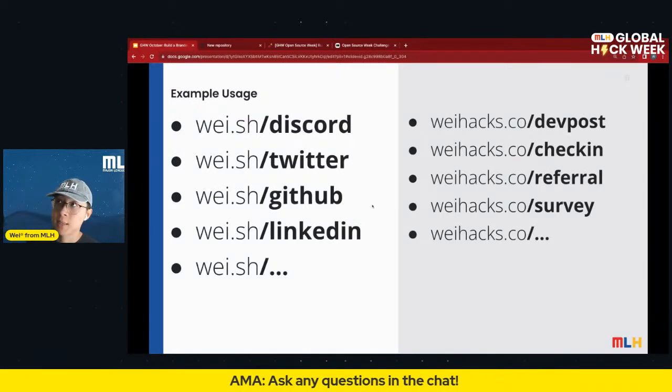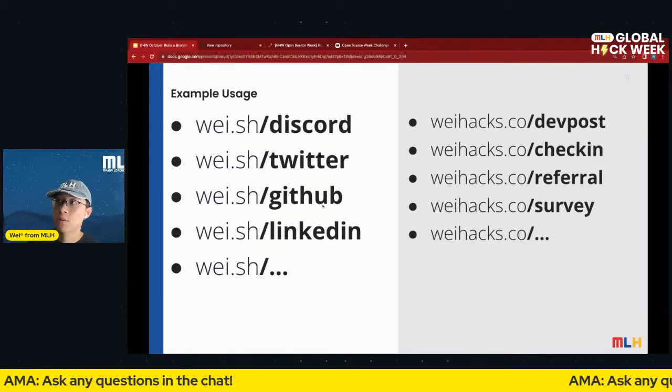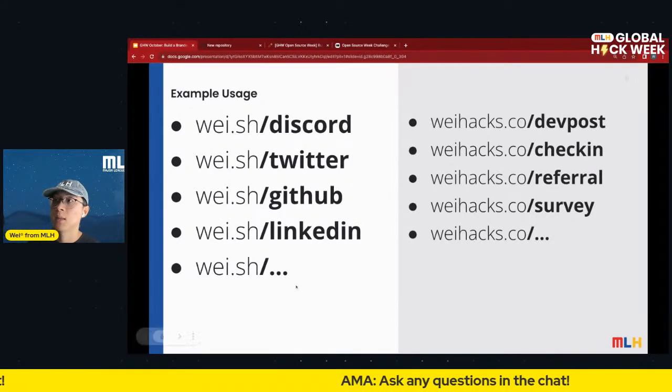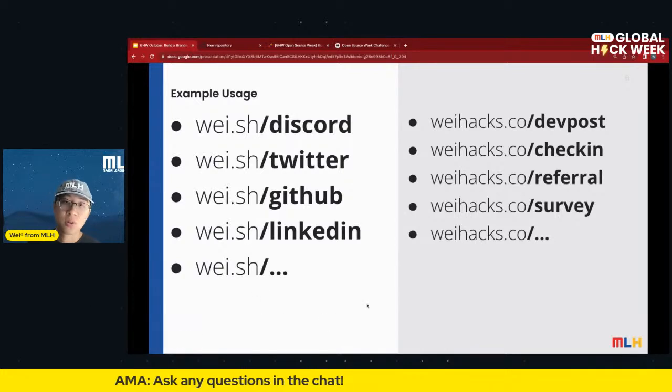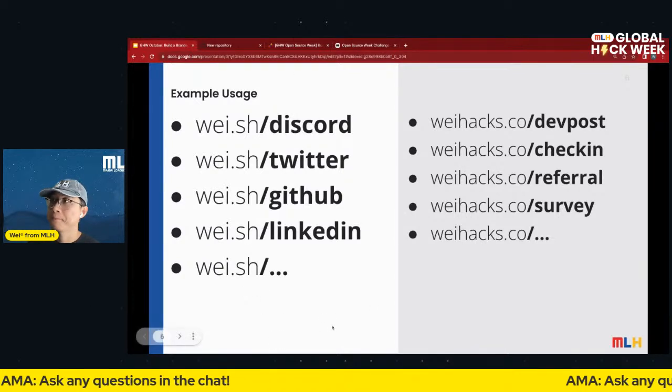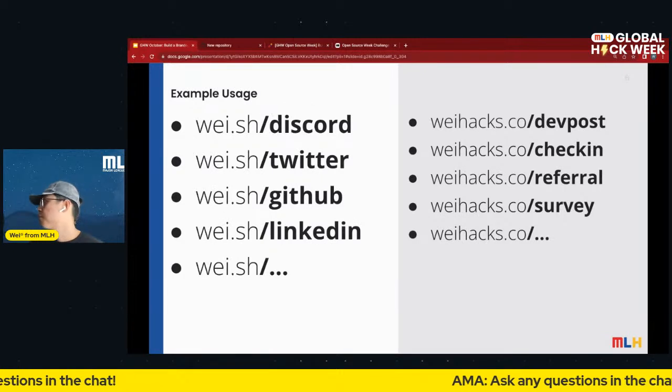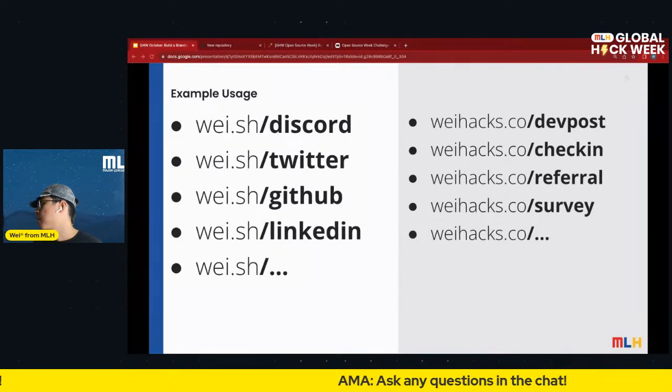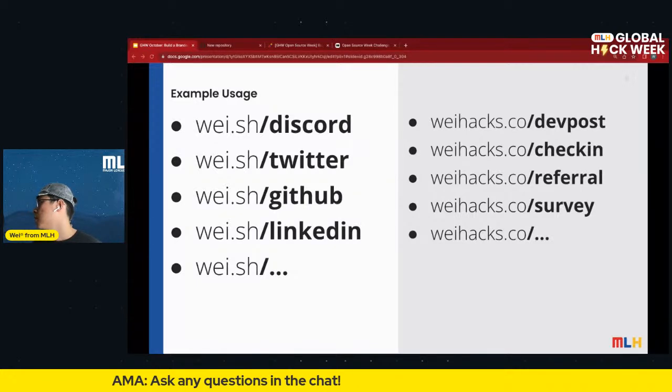For your personal branding, on the other hand, you can also have like /Discord, /Twitter, /GitHub, /LinkedIn. Maybe you have a blog. Maybe you have a YouTube channel. You can have everything branded under your short URL, under your domain name. So that is kind of where I feel URL shorteners really shine.